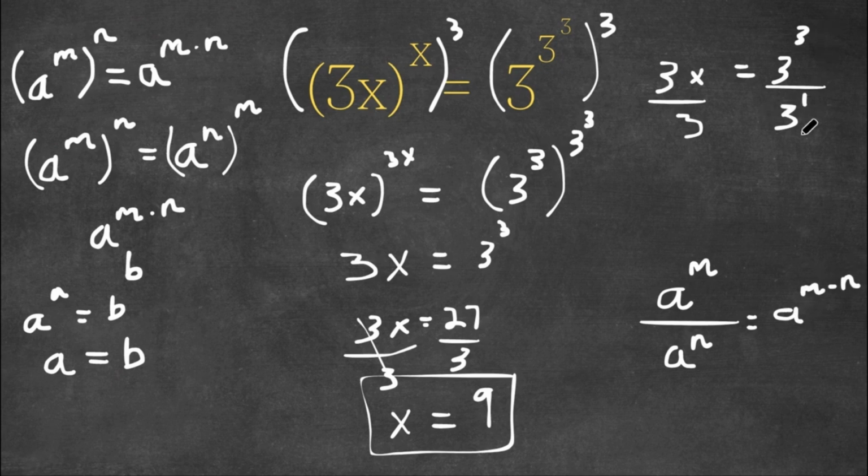So 3 to the power of 3 over 3 to the power of 1, this is equal to 3 to the power of 3 minus 1, which is simply just 3 squared. And for our left hand, these cancel out, and we get x is equal to 3 squared, and 3 squared is 9. So we get x is equal to 9. So that's our second way.